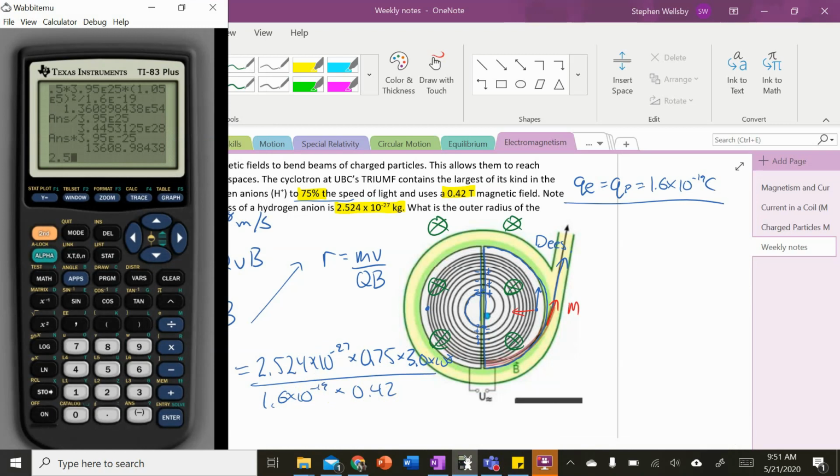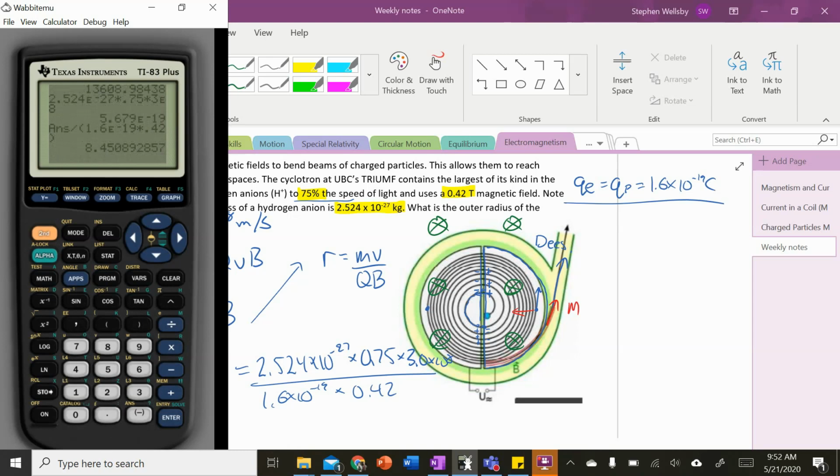So 2.524 times 10 to the minus 27 times 0.75 times 3 times 10 to the 8, and we're going to take this and divide it by, I'll put it in brackets, 1.6 times 10 to the negative 19 multiplied by 0.42.